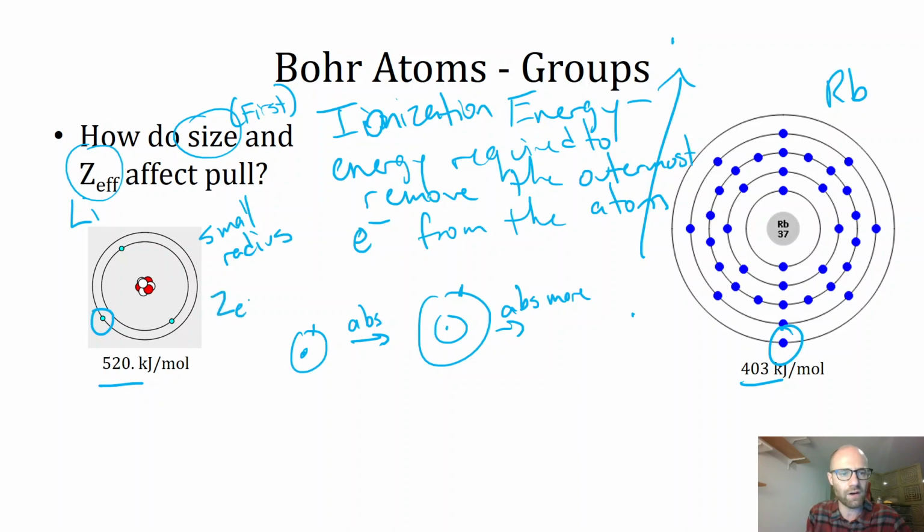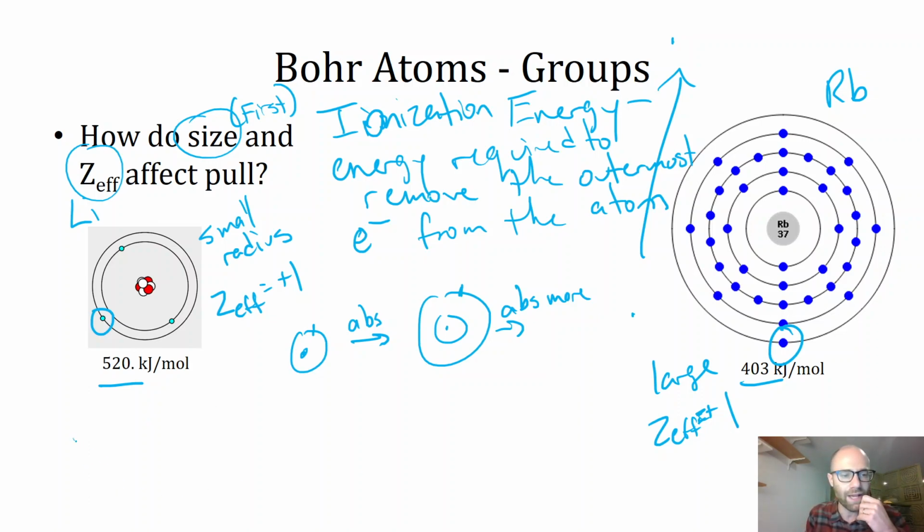And from before, our effective nuclear charge is a +1. And for rubidium, this is a relatively large radius, and the effective charge is still a +1. So the effective nuclear charges on the valence shell, in both cases, are the same, so the radius seems to matter here. Larger radius means lower number. So I guess what you can draw as a conclusion from this is that distance matters.